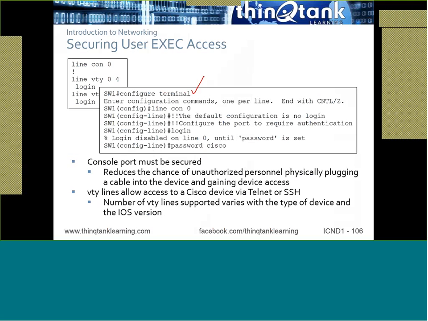Line con 0 takes me into the interface that I'm trying to secure. In this particular case, it's the console port. You'll find that Cisco oftentimes identifies their ports using a number, and they generally start with a 0.